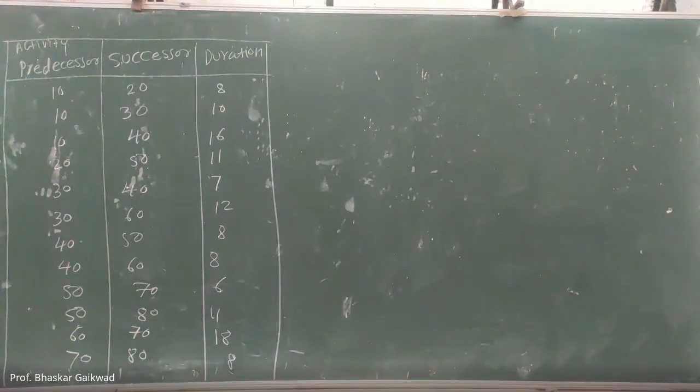Activity predecessor 10, successor is 20, duration is 8; then 10, 30, 10; then 10, 40, 16; 20, 50, 11; then 30, 40, 7; 30, 60, 12; then 40, 50, 8; 40, 60, 8; then 50, 70, 6; 50, 80, 11; 60, 70, 8; and 70, 80, 8.